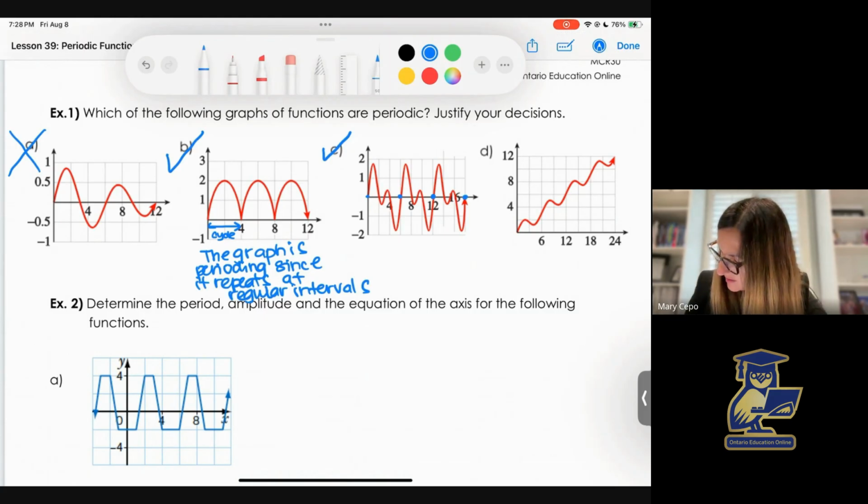So in this case, we're going to say the graph is periodic since it repeats at regular intervals.